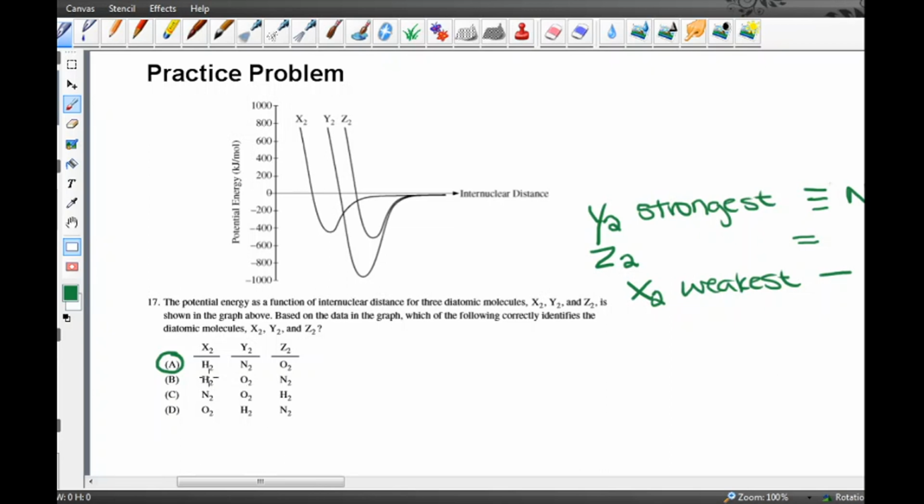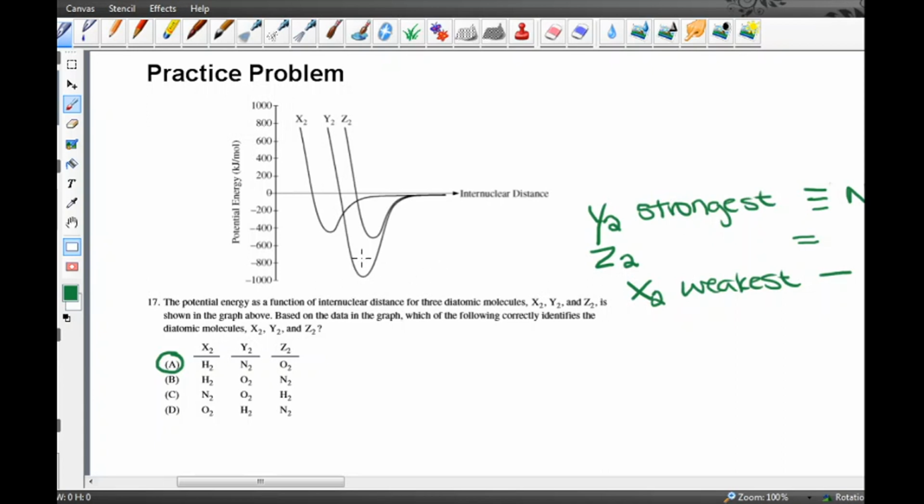But then you want to go through and think, does this make sense in terms of the weakest bond? So our single bond being our weakest bond, the X2 being the weakest, is that the hydrogen? Yes, it is.